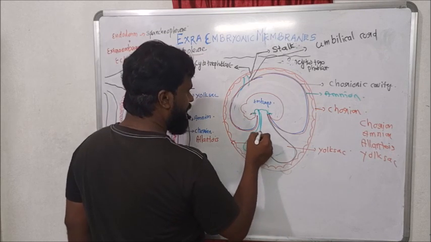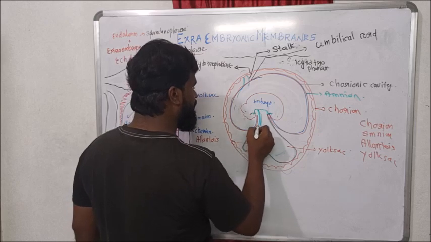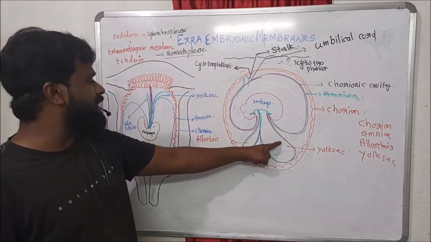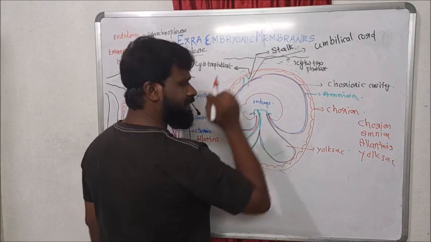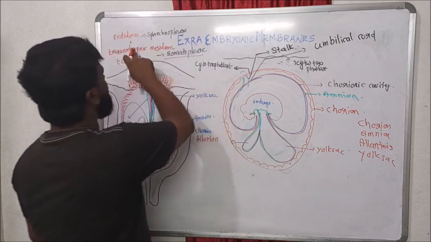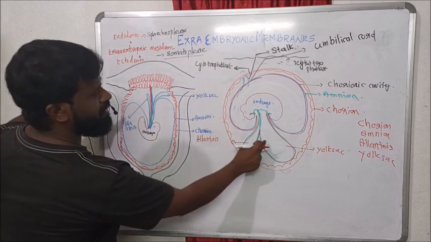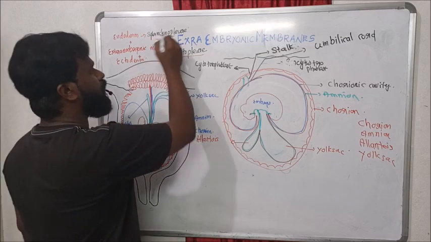And this allantois arises as a diverticulum from the yolk sac. So the yolk sac is formed of extraembryonic mesoderm and endoderm, or splanchnopleure.